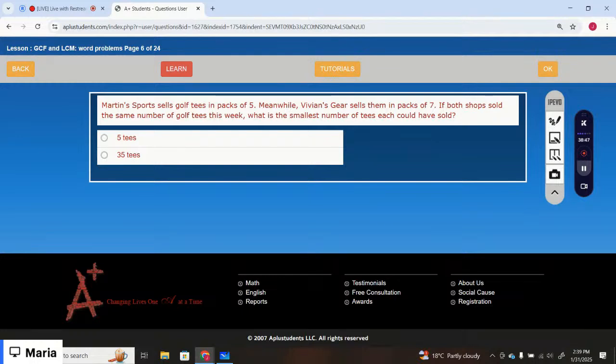Martin Sports sells golf tees in packs of 5. Meanwhile, Vivian's Gear sells them in packs of 7. If both shops sold the same number of golf tees this week, what is the smallest number of tees each could have sold?